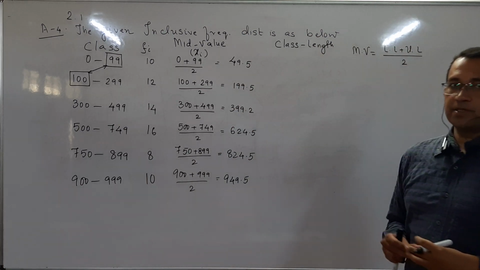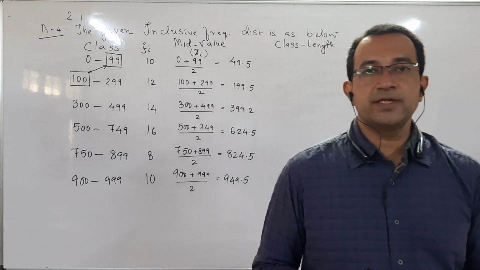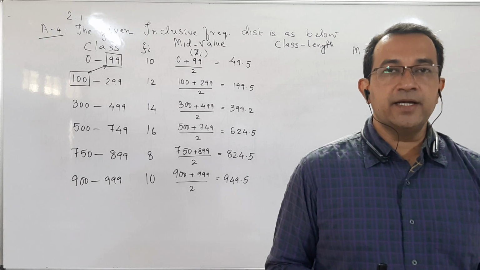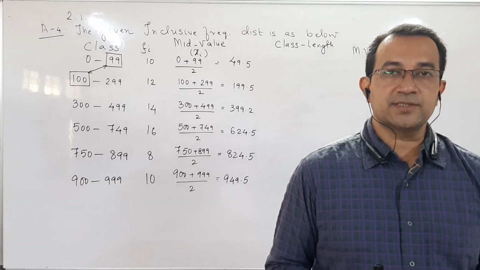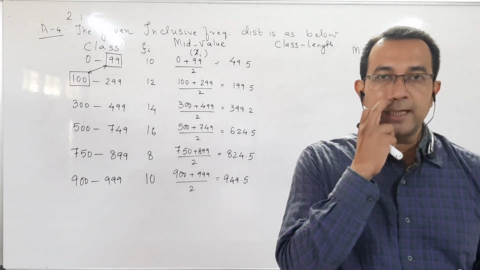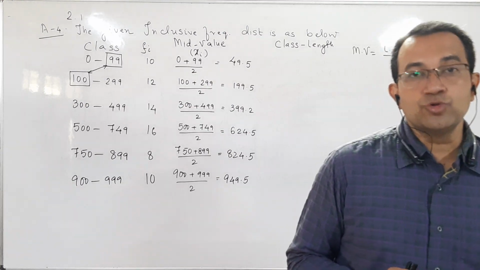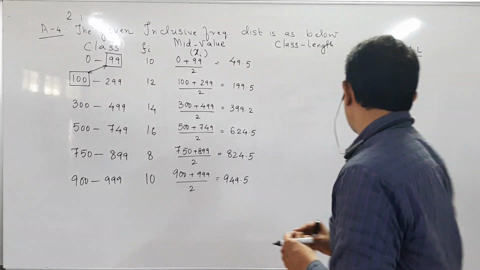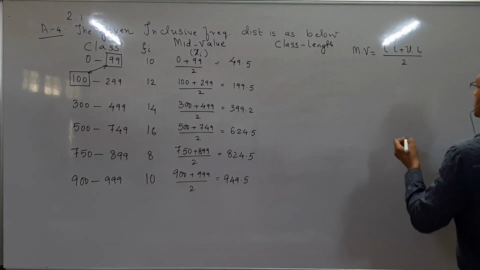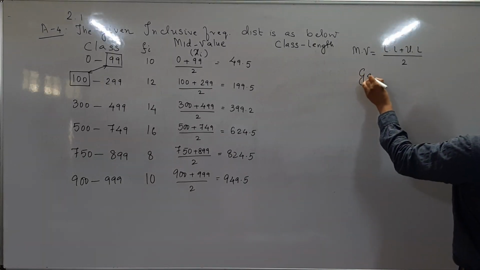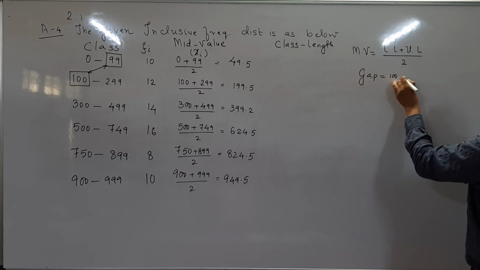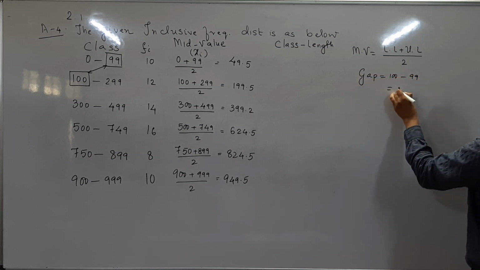The upper limit of first class is 99 and the lower limit of second class is 100. Gap between 99 and 100 is 1. So what we have to do? Whatever gap is there, we can say the gap is 100 minus 99 and that is 1.